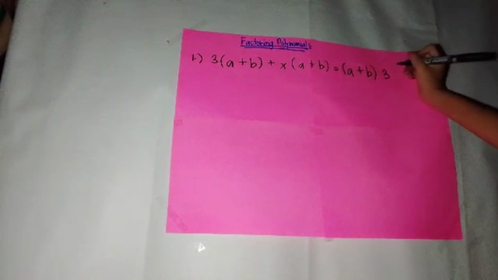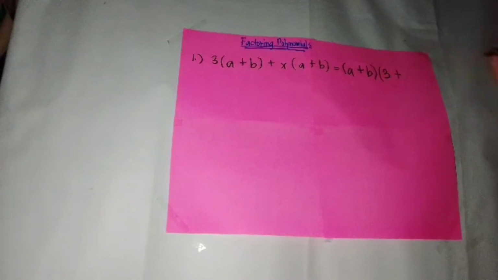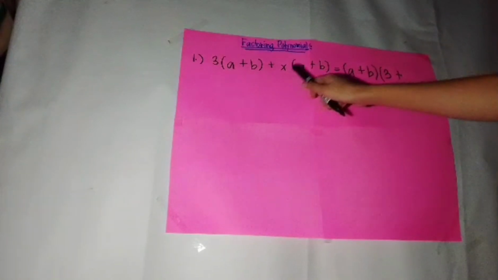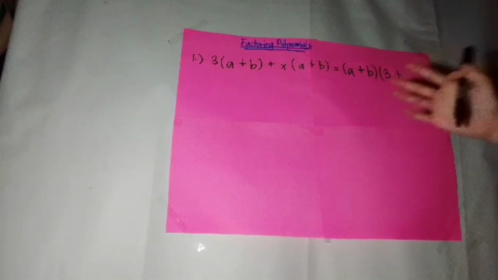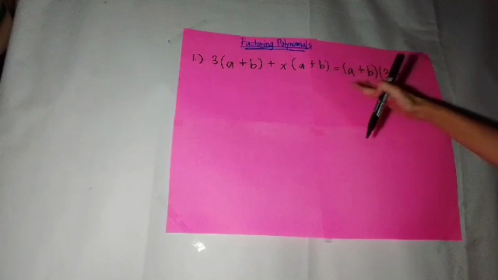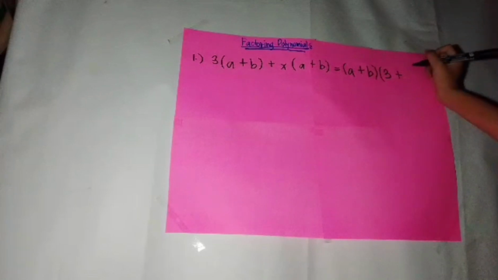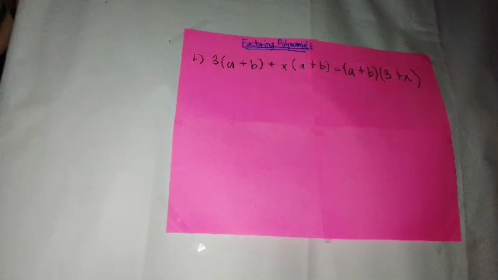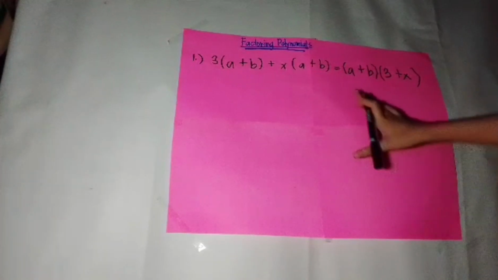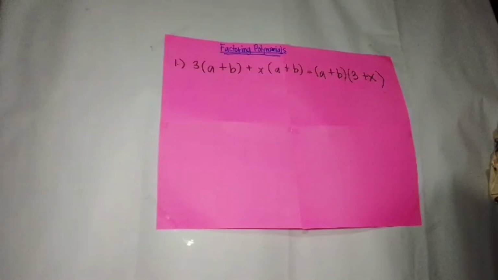So we write here 3 plus, and the second, if we remove a plus b because it is already here, will be left is x. So this is factoring by group, and our answer for this given is a plus b times 3 plus x. Let's proceed to number 2.